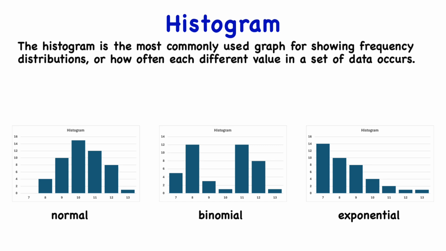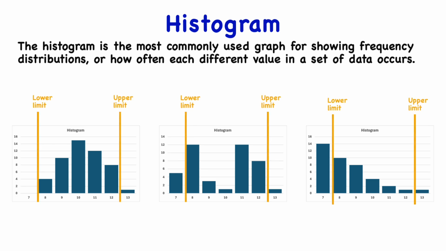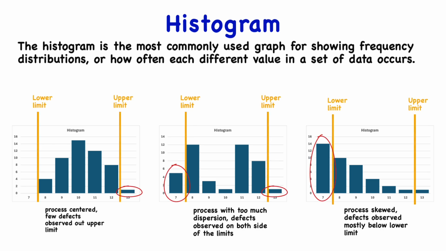A histogram is also the basis to calculate process capability. When you add process limits to the chart, now you can see how skewed or scattered your process is against those process limits. This will help you to decide which actions you should take to correct it.